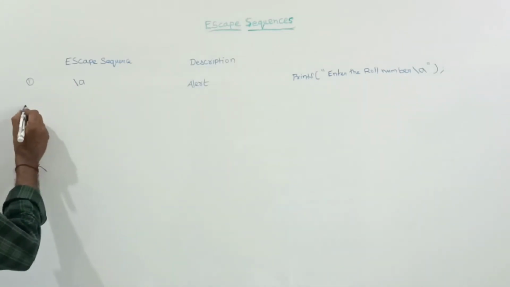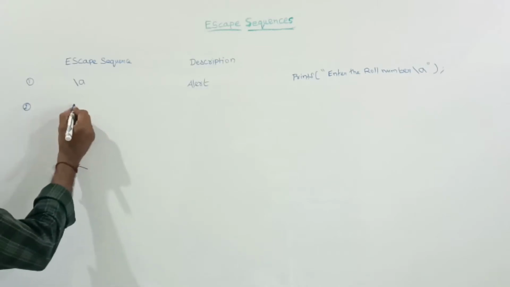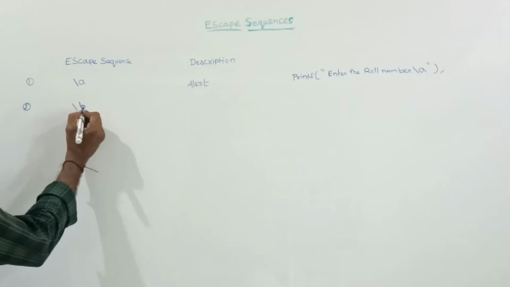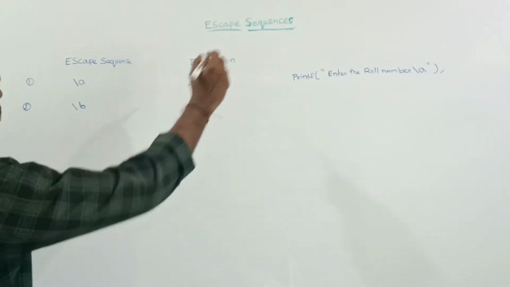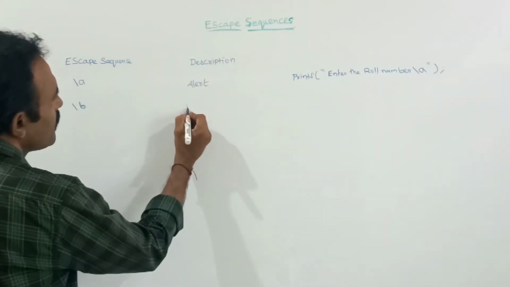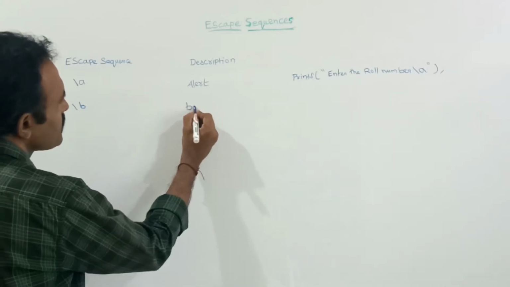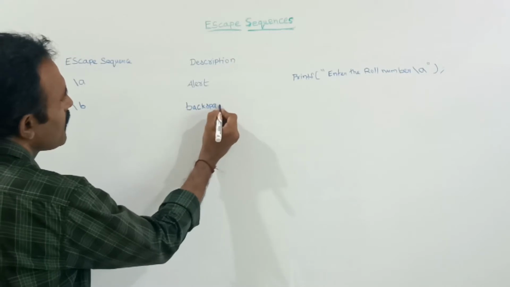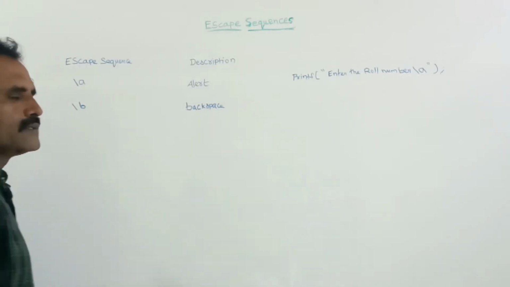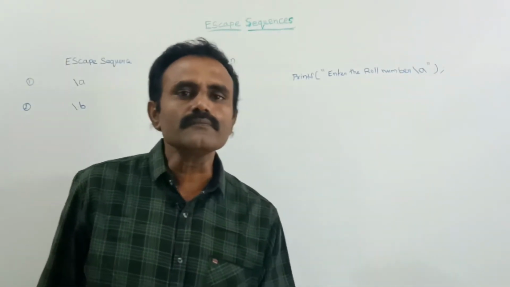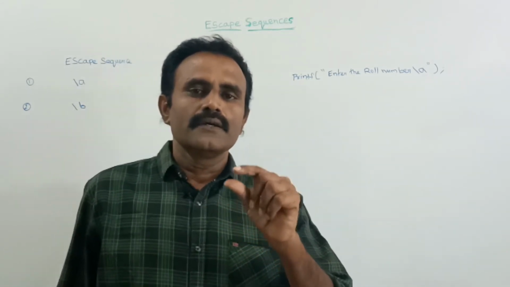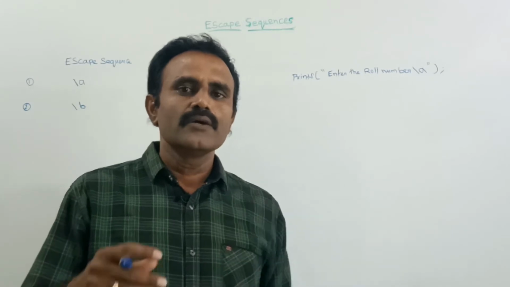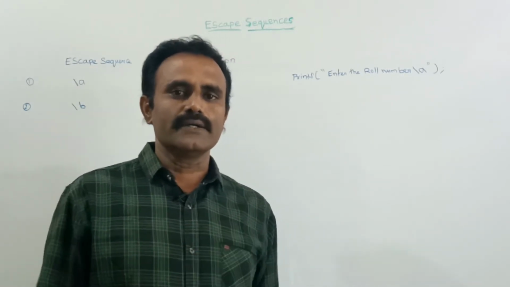Second one, backslash and b. This is used for backspace. The cursor will be moved one step back.